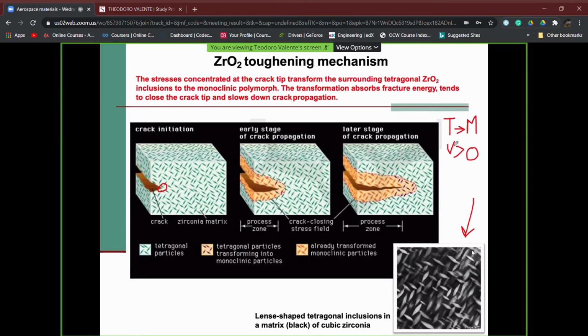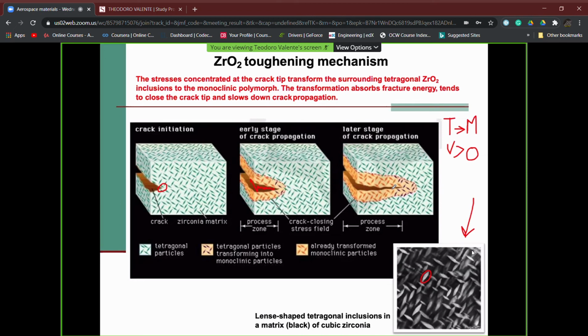Because this increase in volume is related to the single particles, very fine, of metastable tetragonal, and can be tolerated by the material itself by closing the crack. So recovering, let me say, this volume which is near the crack tip. And the result, so, is that the length of the crack tip is going to be reduced.